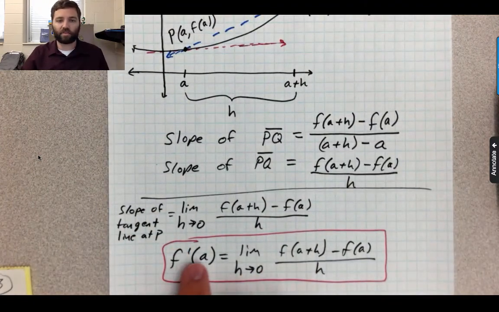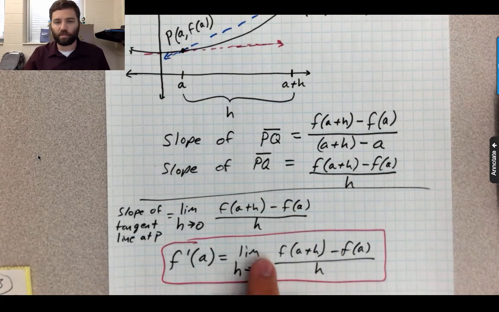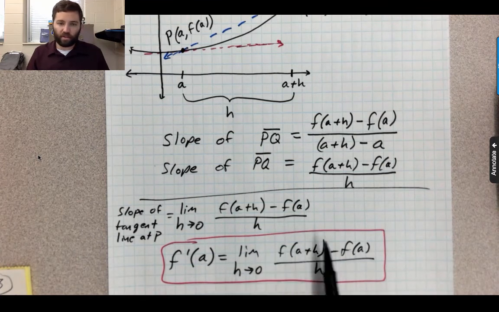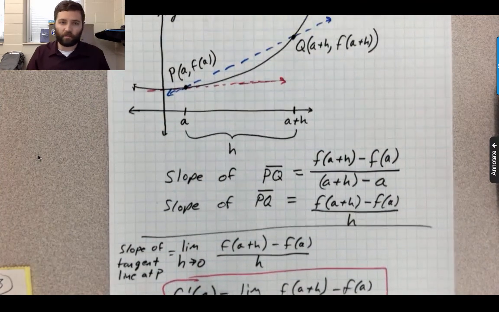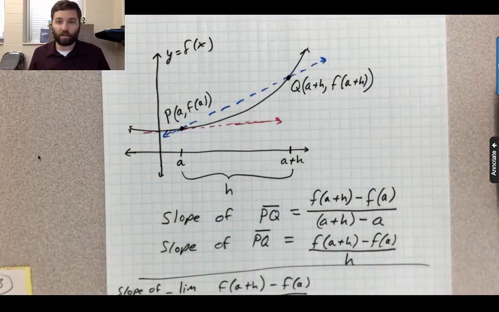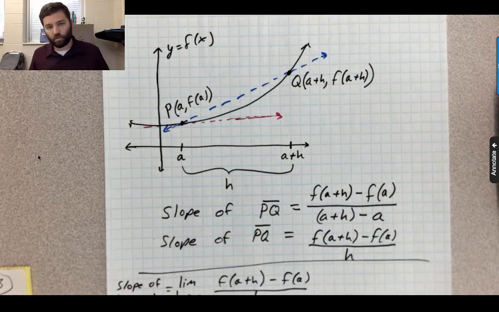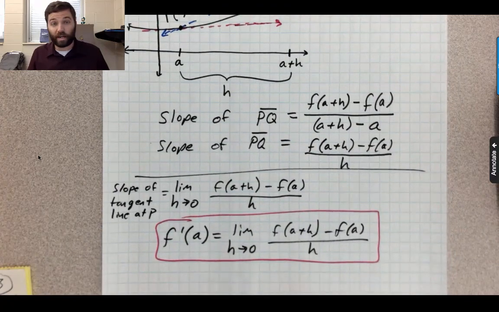This is the slope of the tangent line at a is equal to whatever this limit turns out to be. And we'll do several examples of that. But as we're using this limit right here, I just want you to know exactly where that comes from. It comes from this graph right here. All right. So there's the definition of a derivative, slope of the tangent line at any given point.